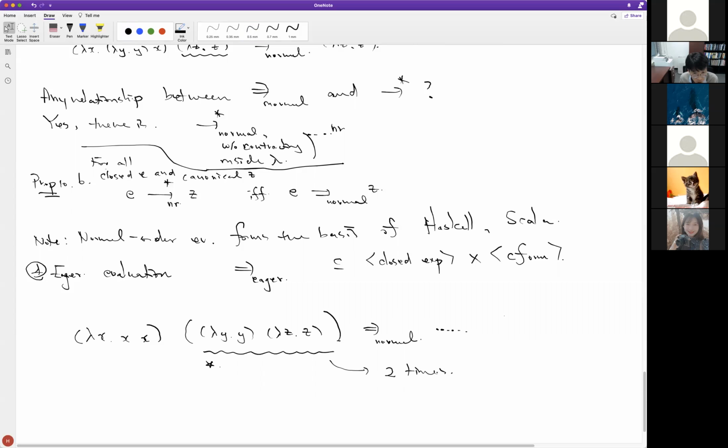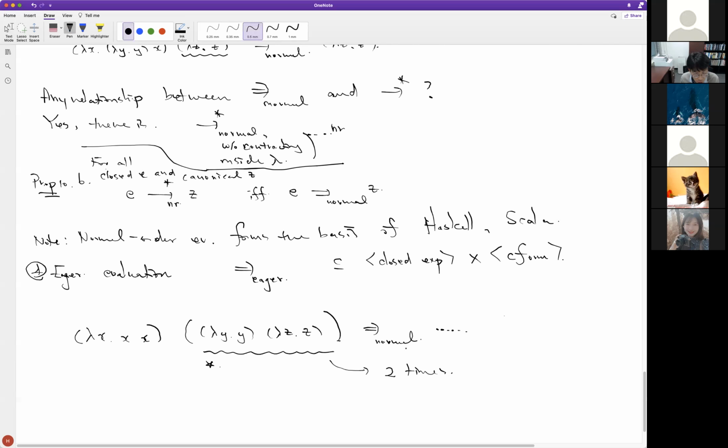Why is that the case? The key idea of normal order evaluation is that whenever you look at the argument, you are not evaluating the argument; we are applying the functions only when we really need to.